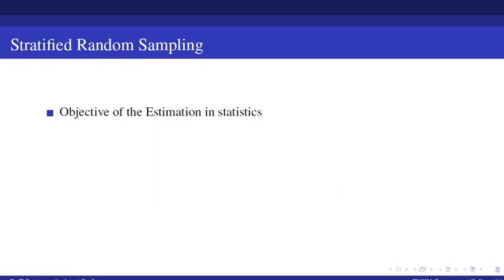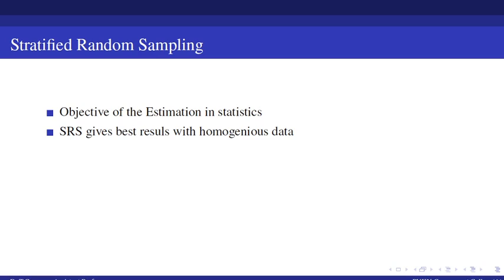Here, an important objective of any estimation problem is to obtain an estimator of a population parameter which can take care of the salient features of the population. If the population is homogeneous with respect to the characteristic under study, then the method of simple random sampling will yield a homogeneous sample, and in turn the sample mean will serve as a good estimator of the population mean.